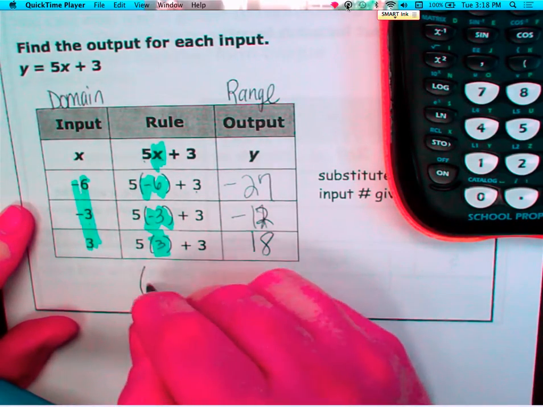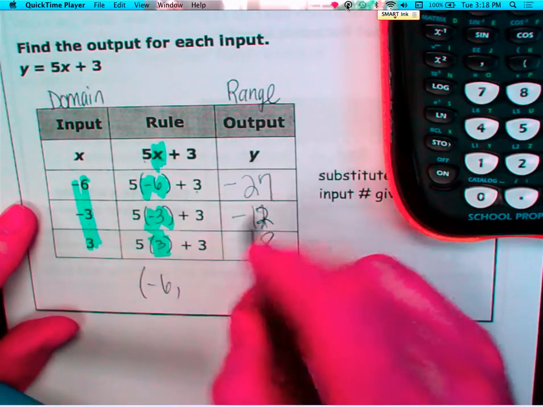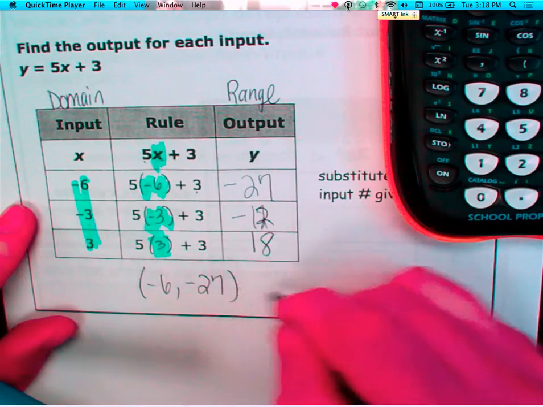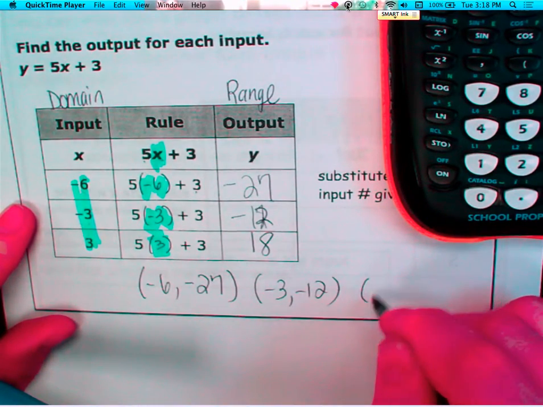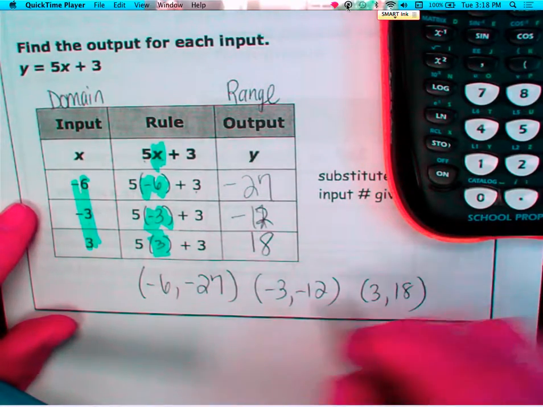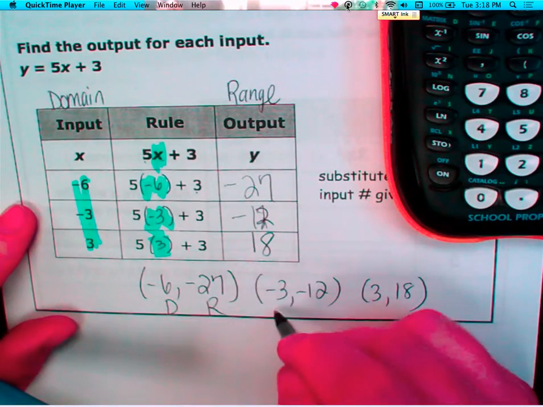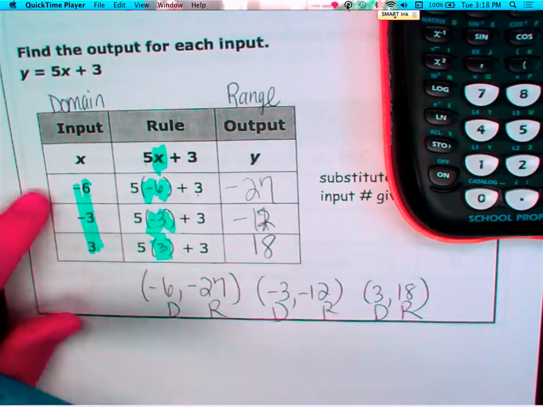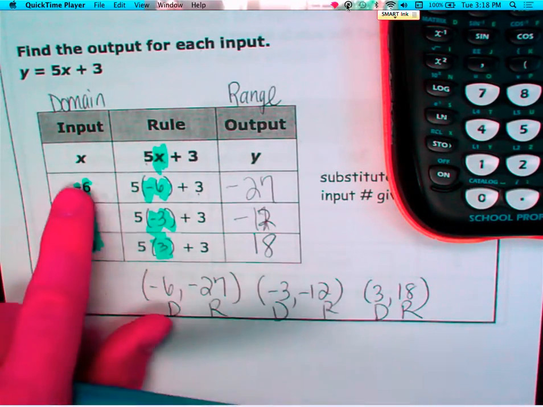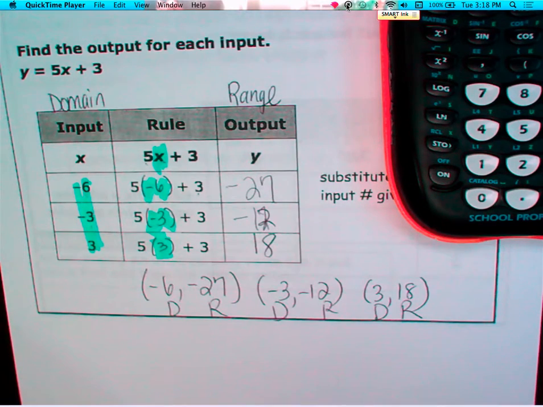There are my ordered pairs. -6 goes with the domain, the range -27. -3 goes with -12. And 3 goes with my range 18. Remember, domain, range, domain, range, domain, range. This right here is my function. I just plug them in and it tells me what I've got. Okay?